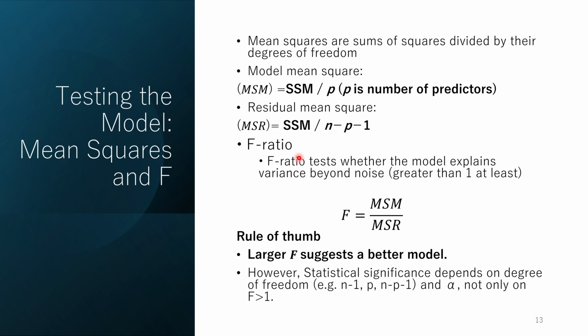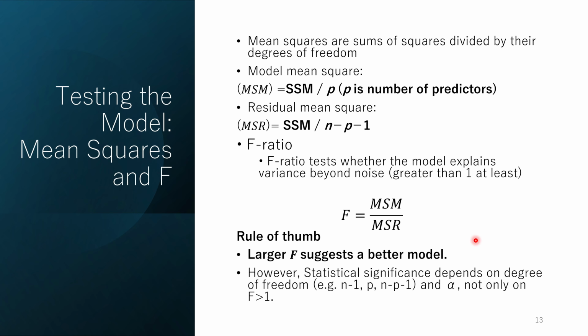Okay, next forms the F ratio. F is the MSM divided by MSR. If F is large, the model explains a lot more variance than the noise.